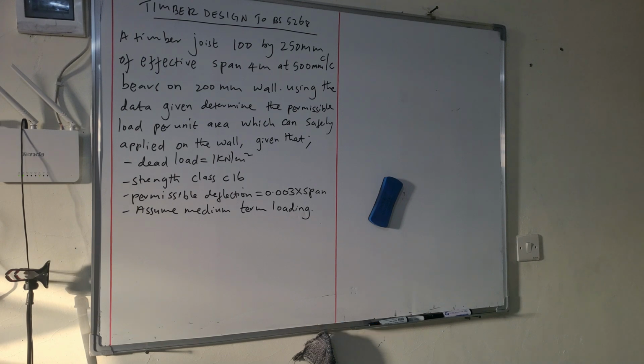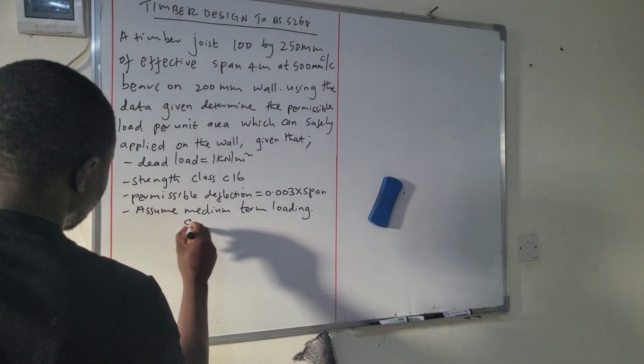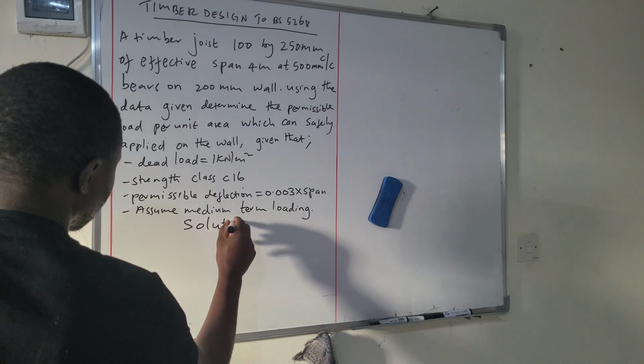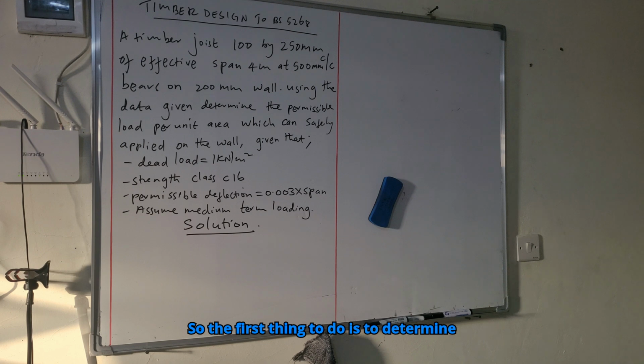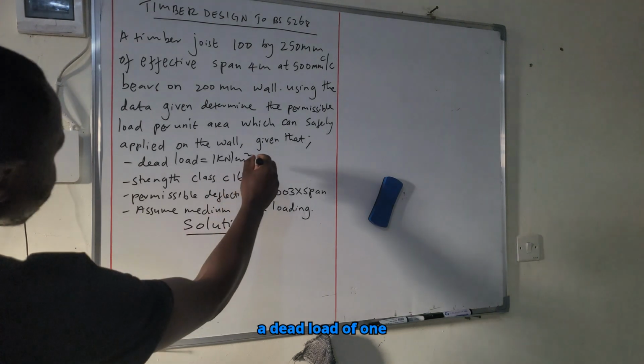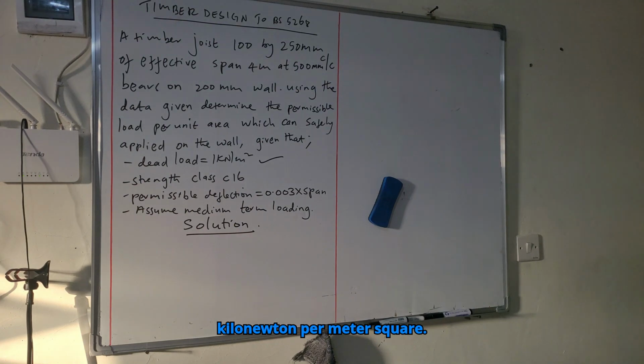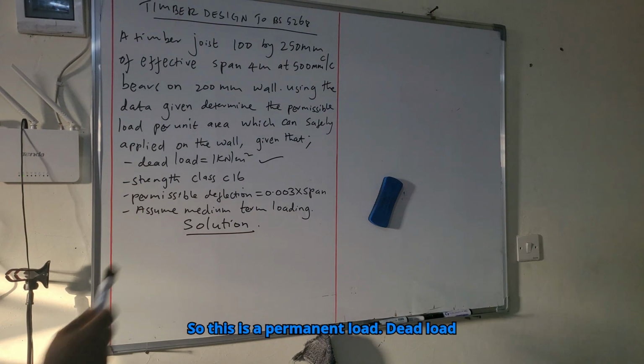So, solution. The first thing to do is to determine the total loading. As you can see, we have been given a dead load of 1 kilonewton per meter square. So this is a permanent load.